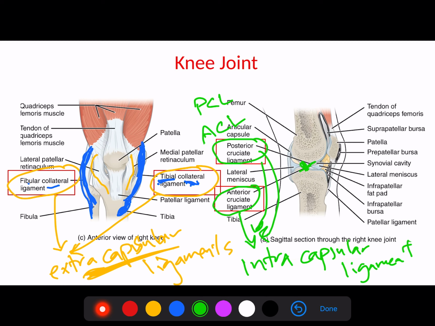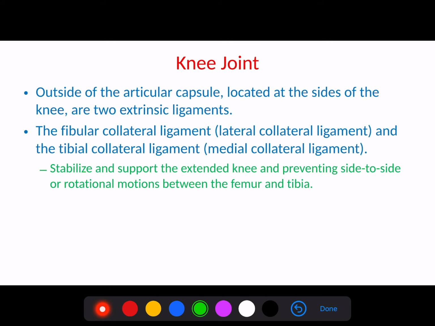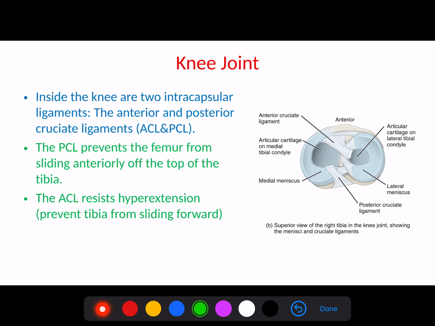Now, if we look at the PCL and the ACL, each one is doing a different job. This is like a superior view. This is the anterior, this is the posterior. This is the PCL, and this is the ACL.